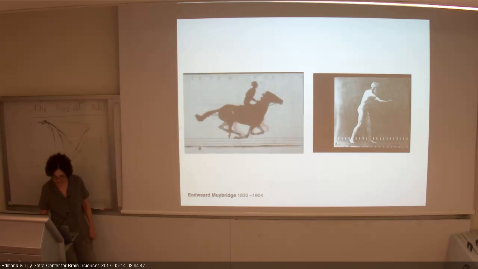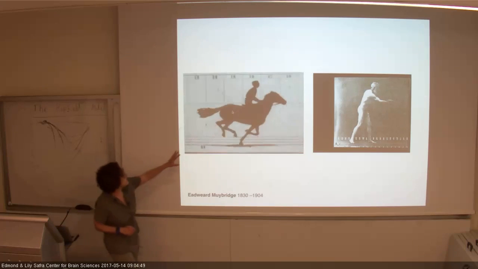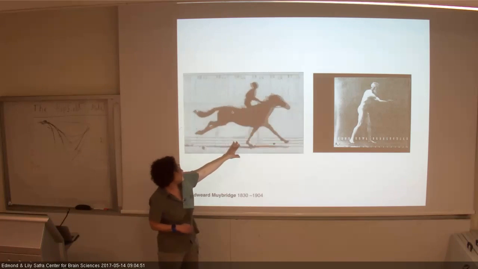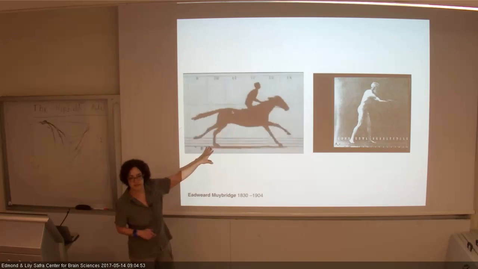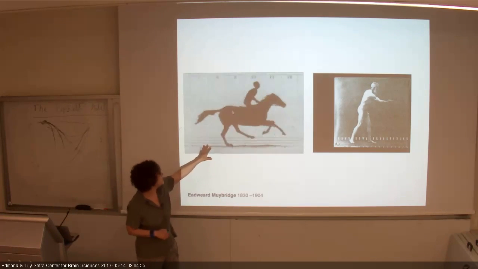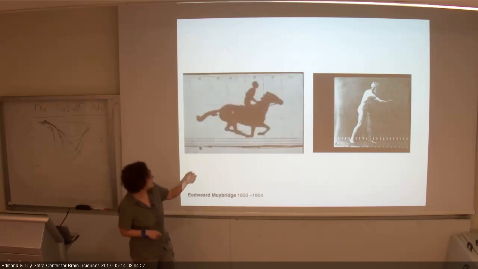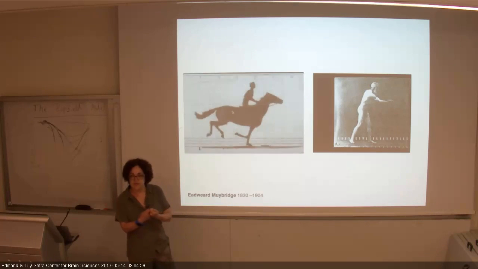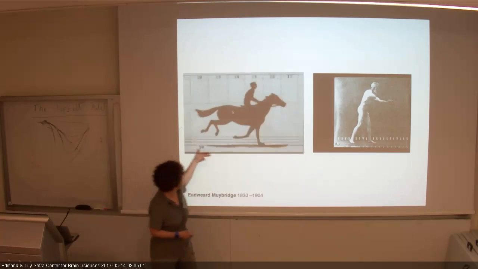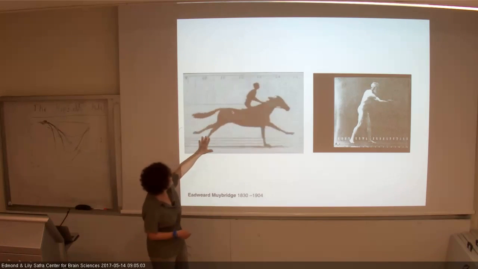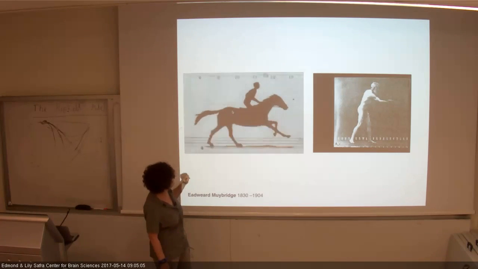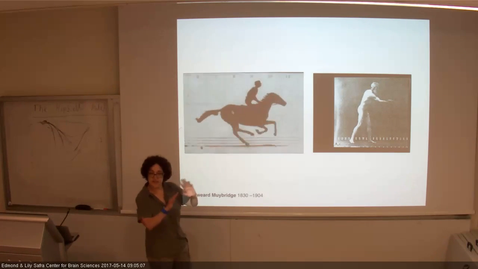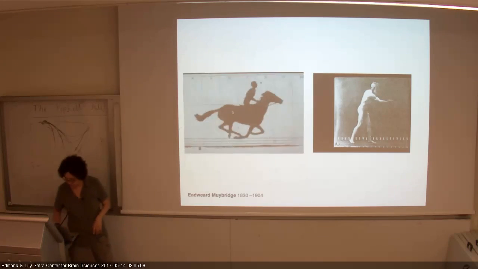This is one example of him trying to understand the process that underlies the galloping of a horse. He was able to analyze the timing of contact with the floor and the arrangement of the legs during this process.